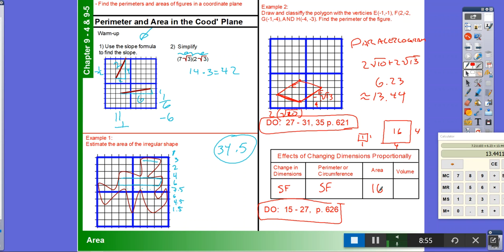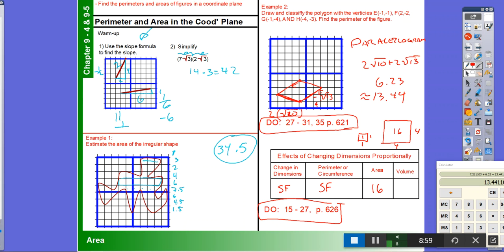But that's not what we're after. 16 is 4 times 4. 4 times 4 is the scale factor squared times bigger. The volume, well, if area is in 2 dimensions, the volume is going to be in 3 dimensions. So my scale factor cubed will be how many times bigger the volume of a 3-dimensional shape will get.